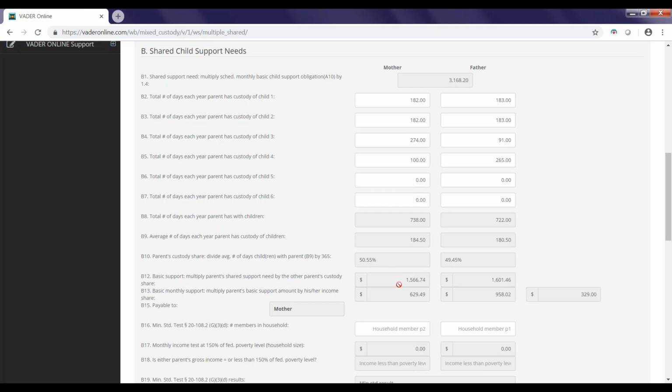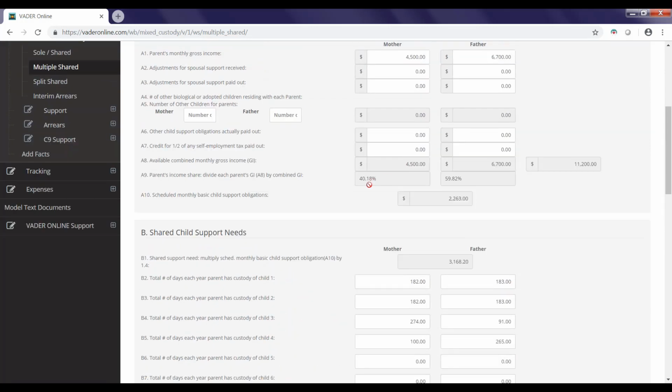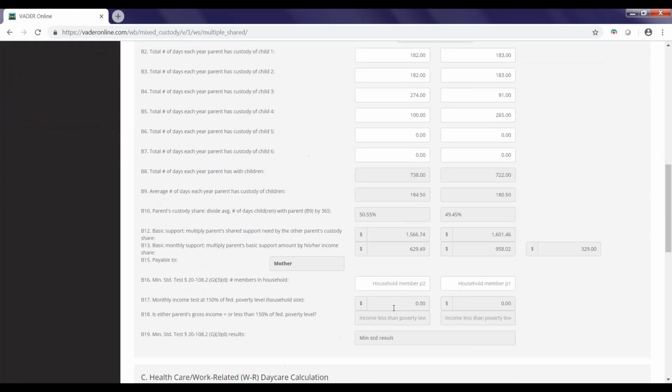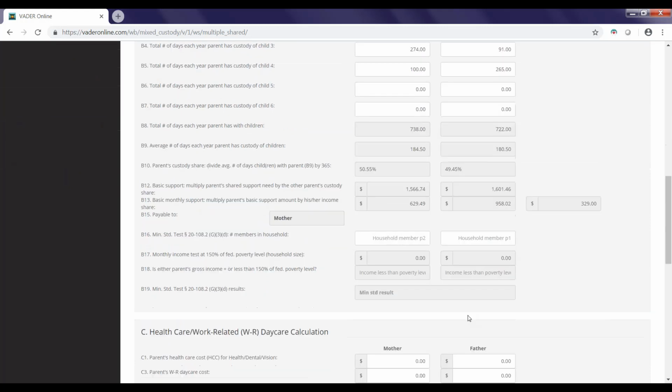So again, for mom, her obligation or her need is $1,566.74. You're going to multiply that by her income share of 40.18. That gets you to $629.49. You multiply dad's obligation by his income share, which is 59.82.